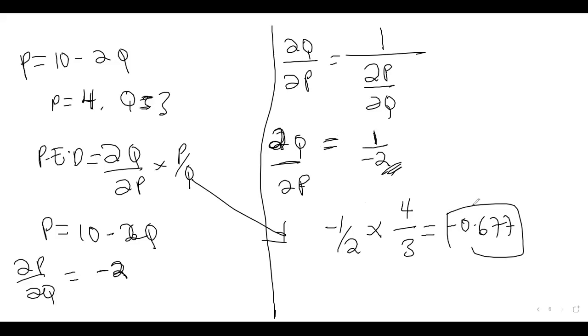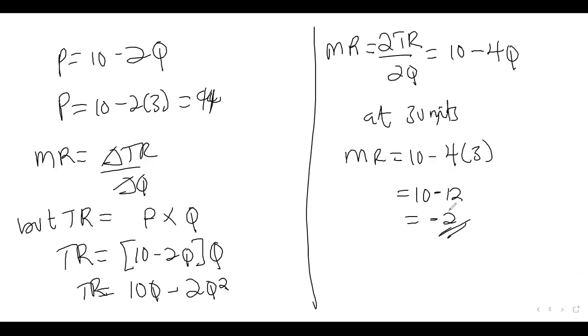This is fairly inelastic. And this proves that whenever a monopolist is operating in a fairly inelastic market, the marginal revenue will be negative, like what we had here. This proves that.